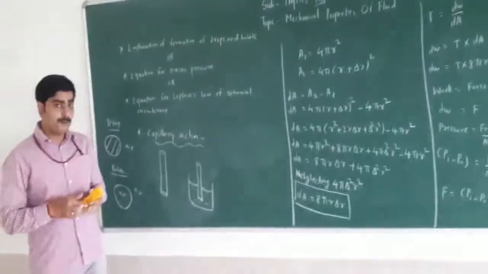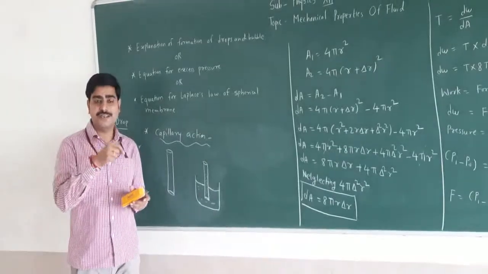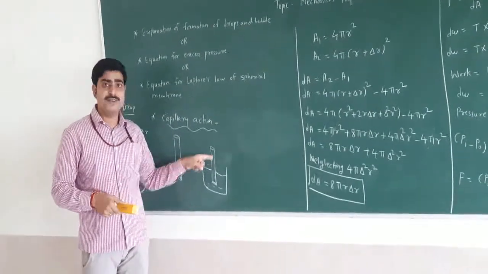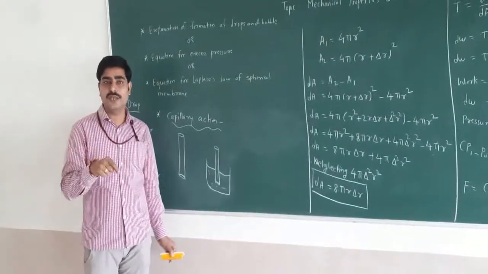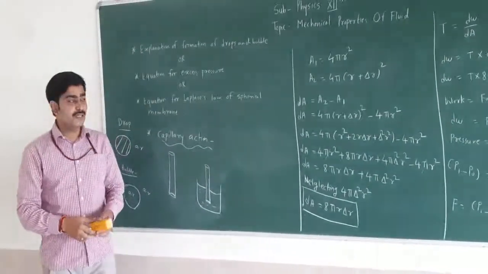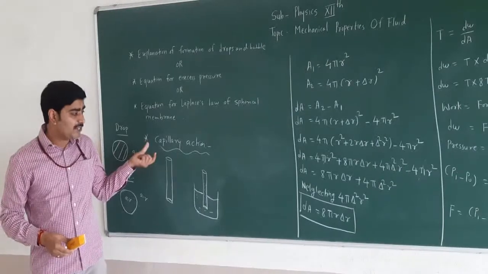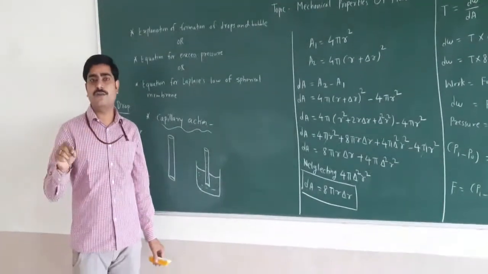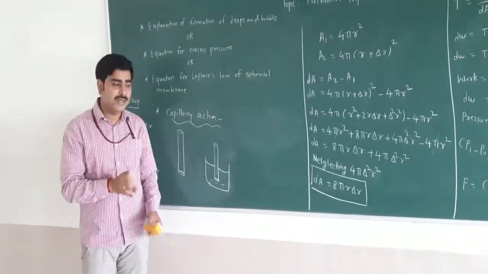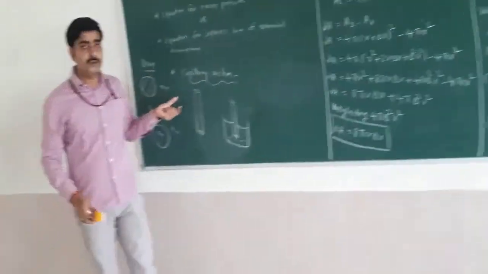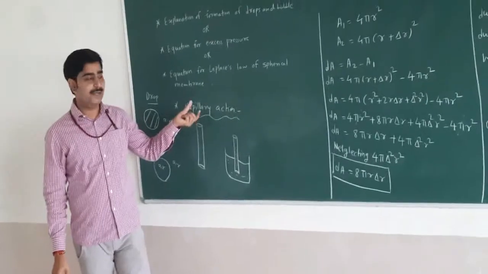So friends, for a liquid which partially wets the solid, the liquid will rise, and for a liquid which does not wet the solid, the liquid level decreases. So what is capillary action? The phenomenon of rise or fall of liquid level inside the capillary tube is known as capillary action.